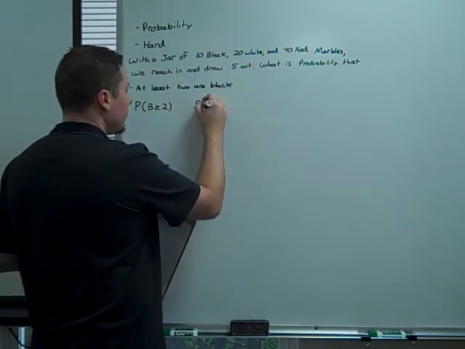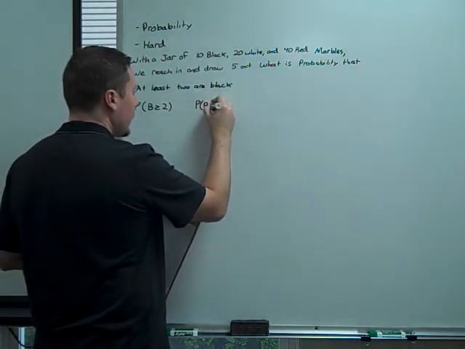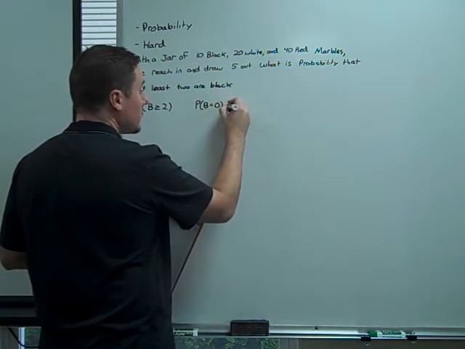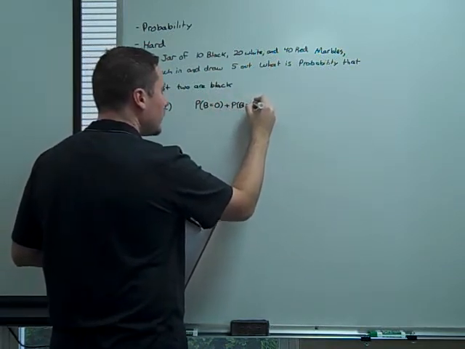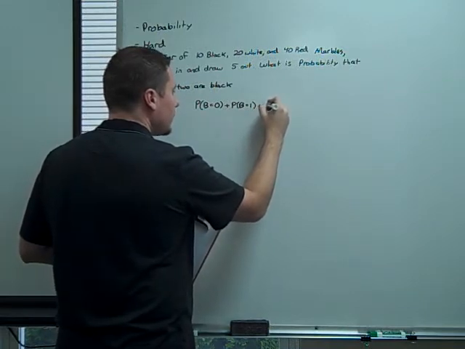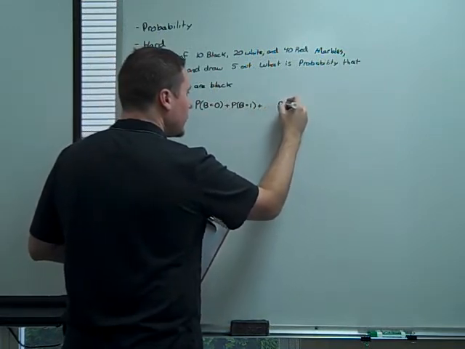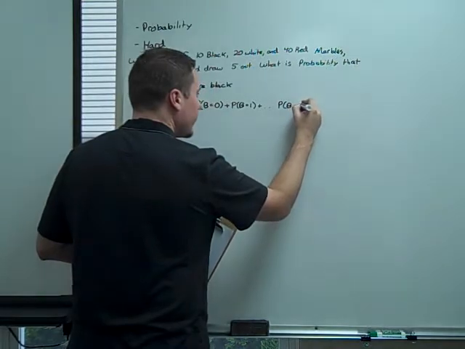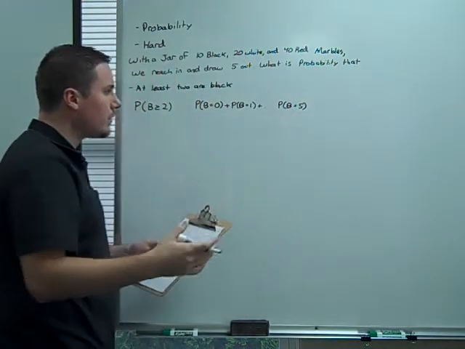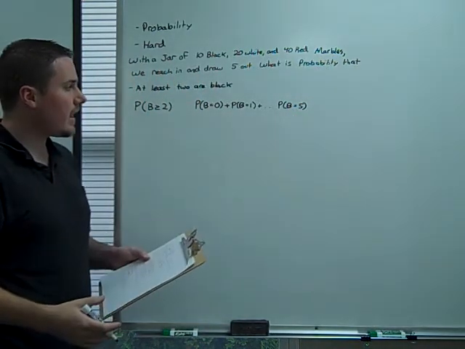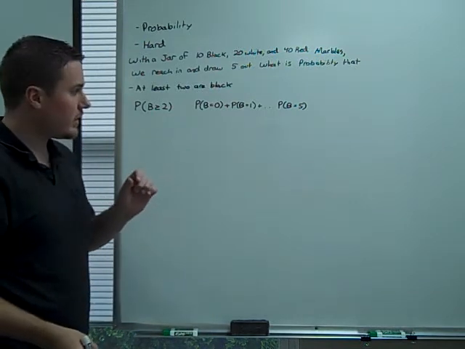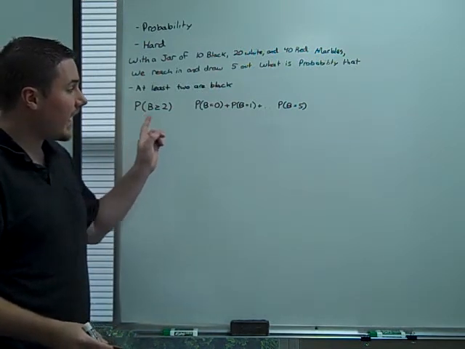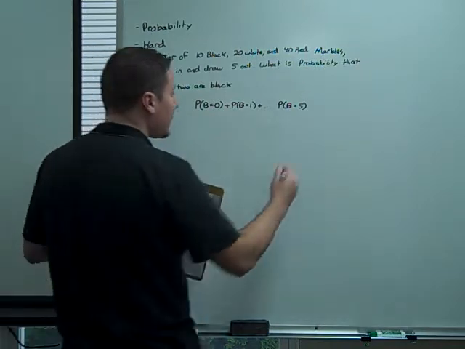There's the probability of black equaling 0, plus probability of black equaling 1, up to probability of black equaling 5. So I could pull anywhere from 0 to 5 black marbles out. But the point of this is that if I add up all these probabilities, they have to equal 1.